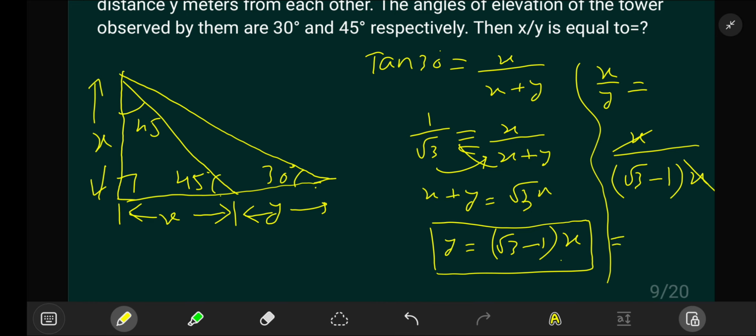So x by y is equal to 1 by root 3 minus 1. If this option is not in the given options, we have to simplify.